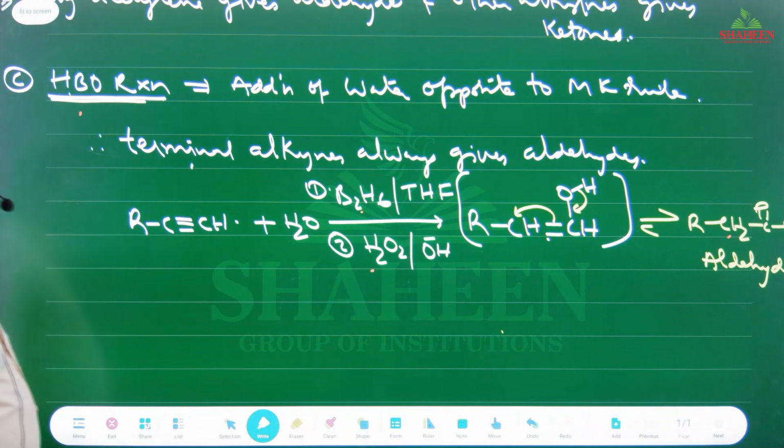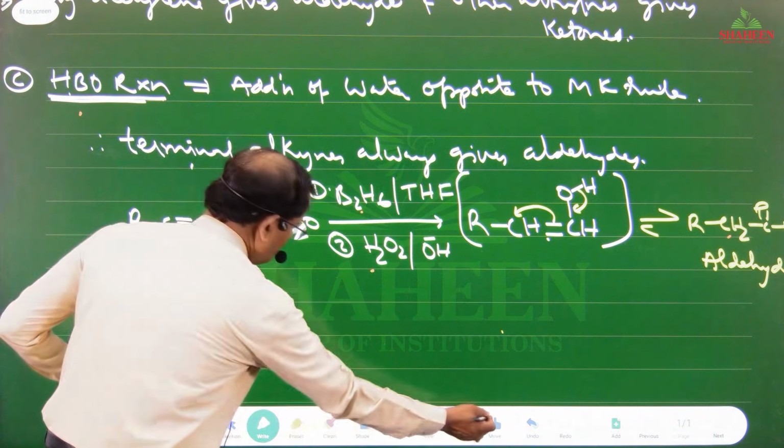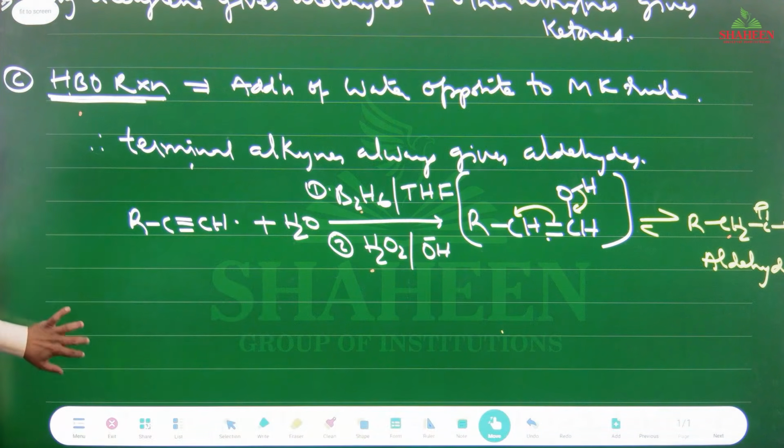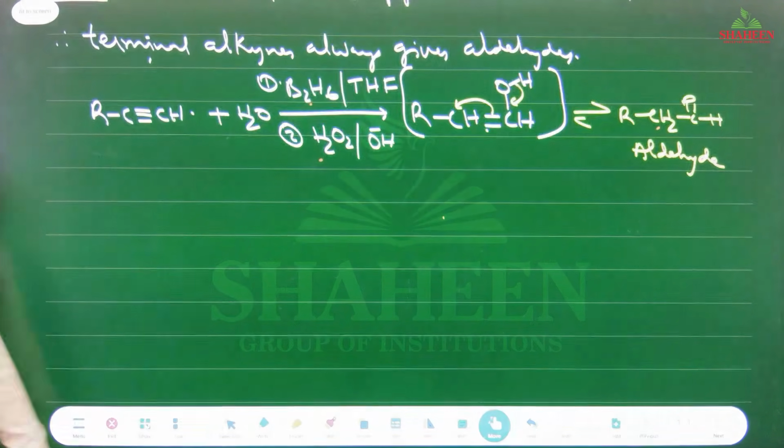And if the Markovnikov product, that is a ketone, is required from terminal alkynes, go for hydrolysis in the presence of mercuric sulfate and sulfuric acid. So that is about preparation from alkynes and alkenes.